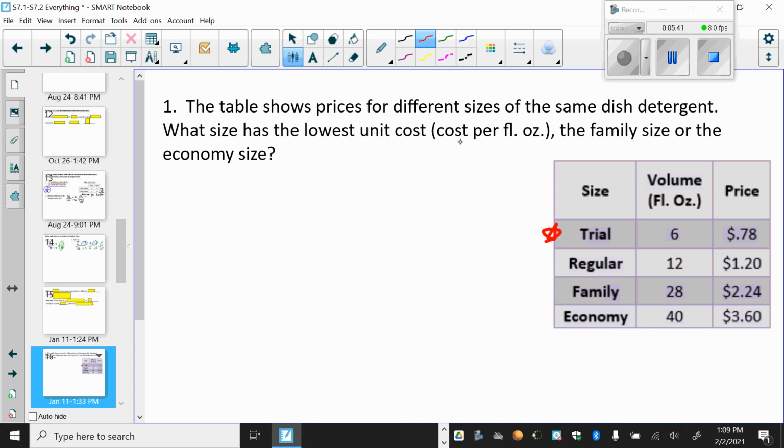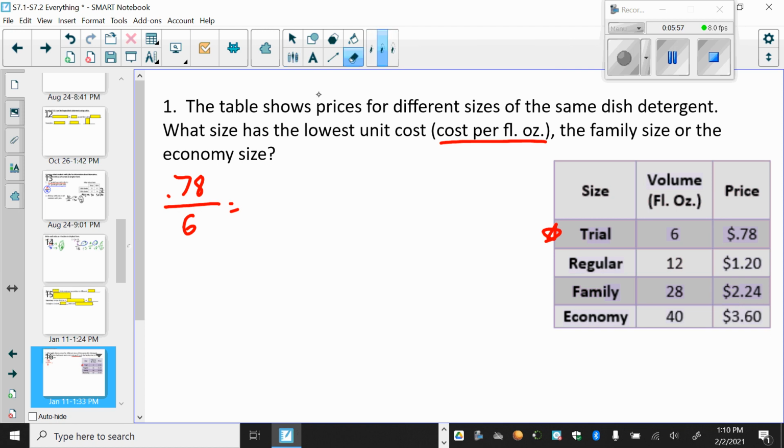We want cost per fluid ounce. This says cost first, fluid ounce is second. So we want to start with the money. So we're going to do 0.78 divided by 6. We're not just going to divide by 6, I'm going to divide both of them by 6. All right?